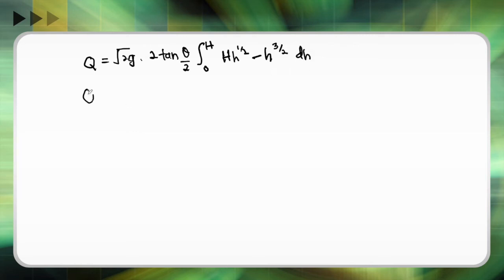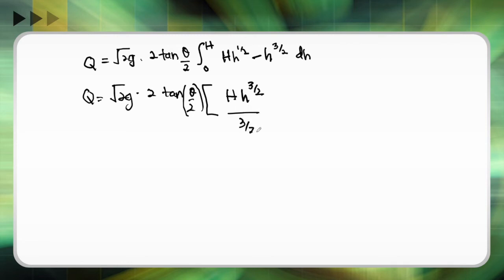So we integrate this equation. From here, h to the 1 over 2 integrated with dh, we will get h to the 3 over 2 over 3 over 2. And then minus h to the 3 over 2 integrated, we will get h to the 5 over 2 over 5 over 2, from h to 0.